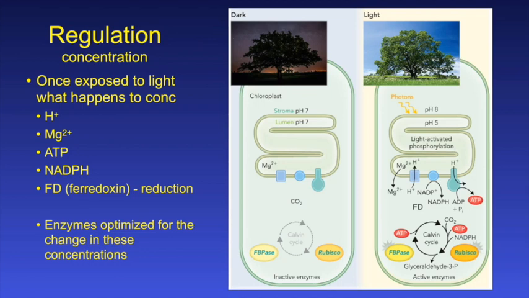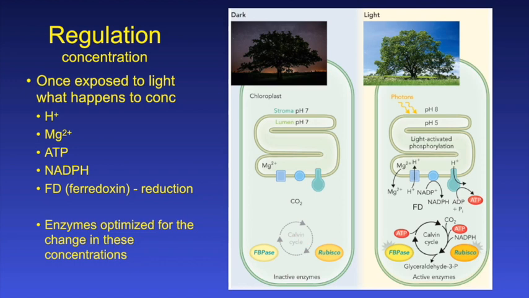Without the sun, the pH in the stroma and in the lumen become equal, because the light is what builds the gradient. If it's not building the gradient, always going down, it'll reach an equilibrium. All of these enzymes that are part of the Calvin cycle stop.